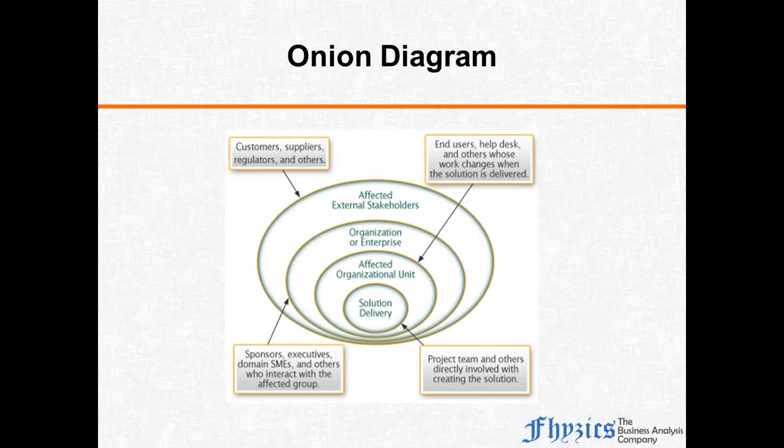But the techniques give a framework to identify them and different perspectives of thinking. Most techniques in business analysis work this way, right? I will not be downloading a list of stakeholders from the technique. No, it doesn't happen, right?